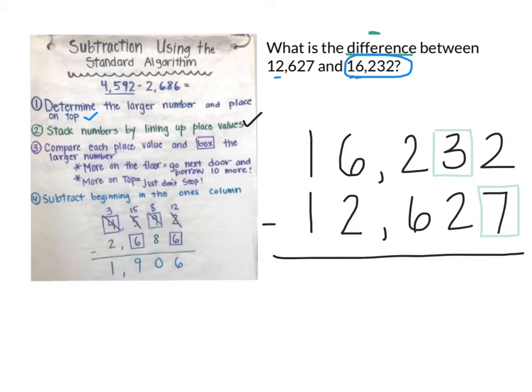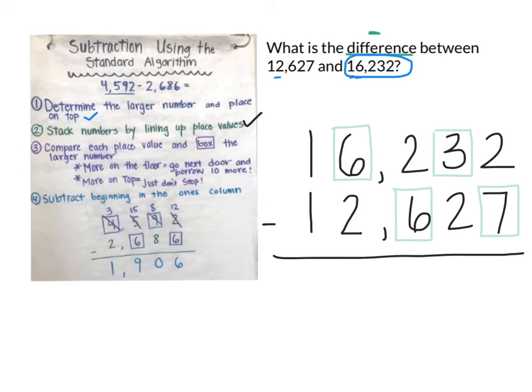I have a 2 and a 6 in the hundreds place. 6 is greater than 2, so I box it. Next up, the thousands place. I have a 6 and a 2 in the thousands place. We know that 6 is greater than 2, so I box it. And then in the 10,000s place, I have a 1 and a 1. 1 is equal to 1, so I do not have a greater value. I don't have to box anything in the 10,000s place.